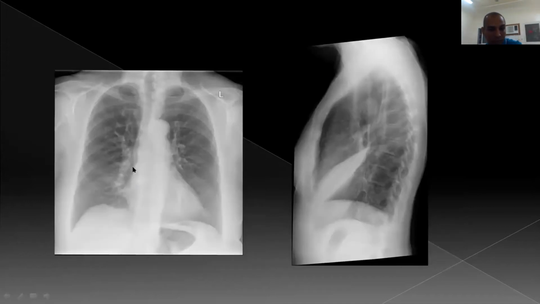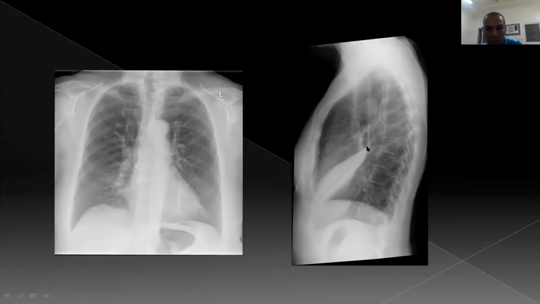In this one, this is not a normal right cardiac border. There is something disturbed in this border. It's not normal, and there is some ill definition in this PA view. Maybe something pathological. You should revise the lateral view in this patient. You will see this shape between the oblique fissure posteriorly and the horizontal fissure.